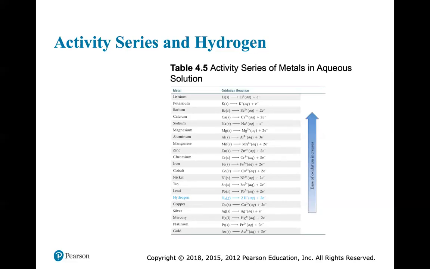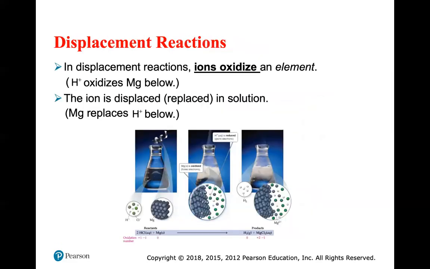That's how you read the activity series. I'm going to show you an example where the reaction will not take place. In this example right here, magnesium is above what? Hydrogen. It's more powerful, more active. You look at it and it will replace. And then you have to write the correct formula for your product using the periodic table.